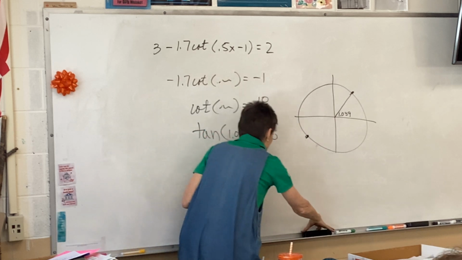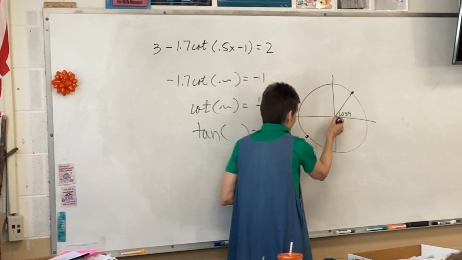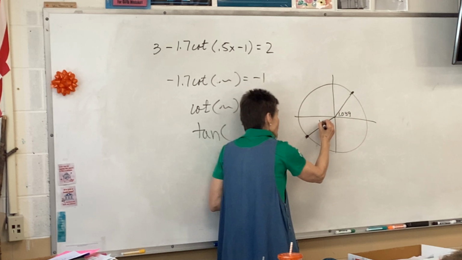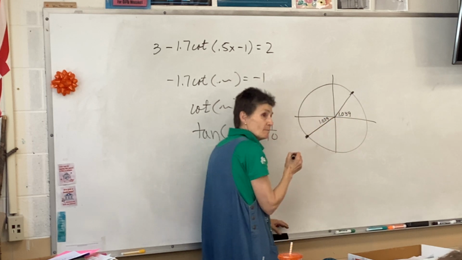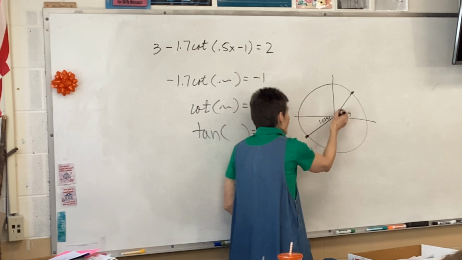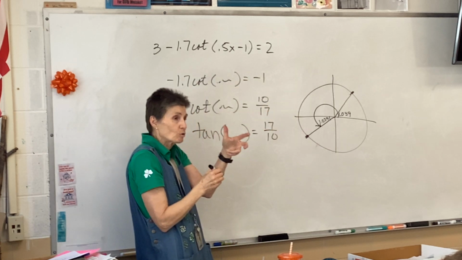Okay? Now, what about this one down here? Well, that's supposed to be a straight line. This is also 1.039, this little angle right here. So what would be that whole angle to get me all the way around into quadrant 3?